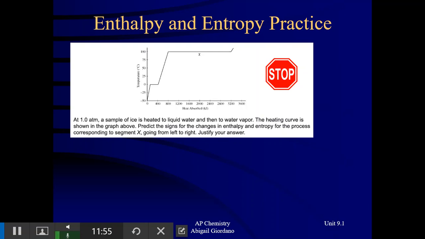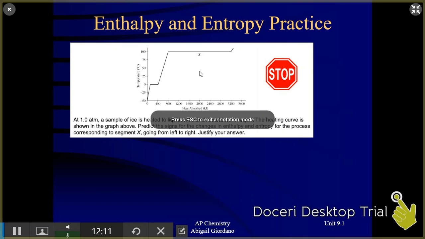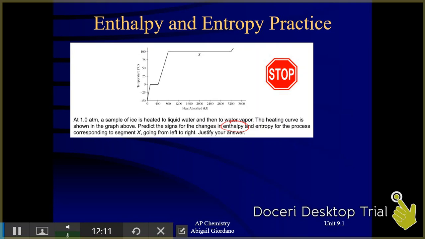We have seen these graphs before. If you need to go back in your notes and figure out what's going on at each part, please do that. The heating curve is shown in the graph above. Predict the signs for the change in enthalpy. Ladies and gentlemen, let's review. This word right here, that is the same thing as heat energy, delta H. We saw that back in Unit 6.